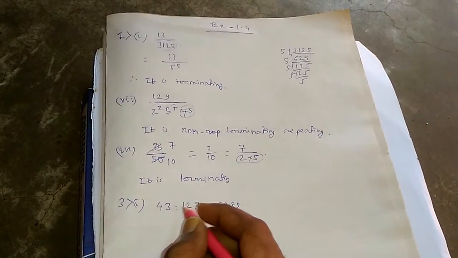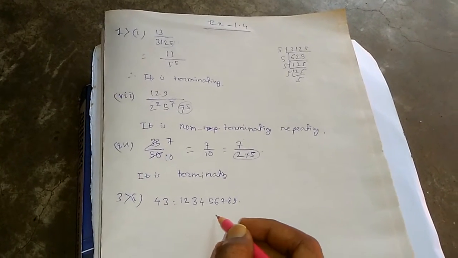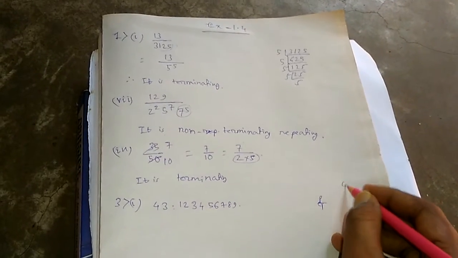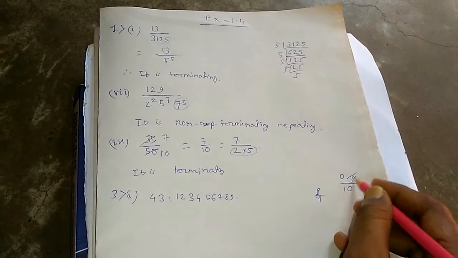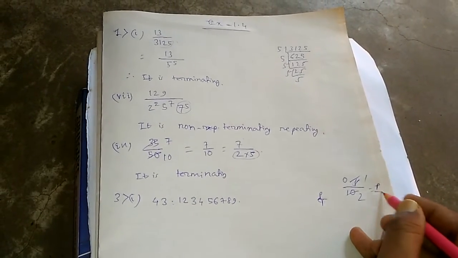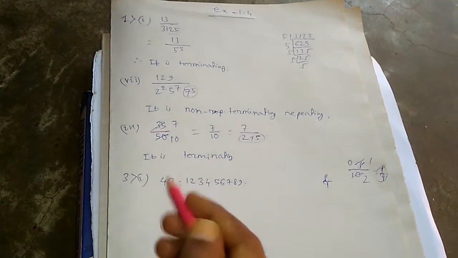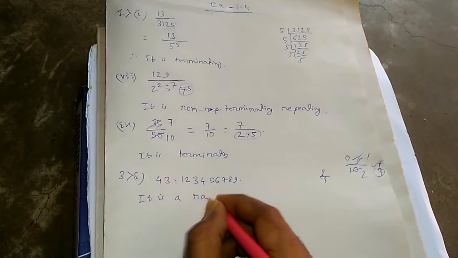If we omit the decimal point, then we will get 1 and then some zeros, so it can be written in the p by q format. Suppose 0.5, then after omitting the point we get 5 by 10. It is in the p by q format. Like this you can also arrange it in the p by q format, so it is also a rational number. I think you can easily understand.